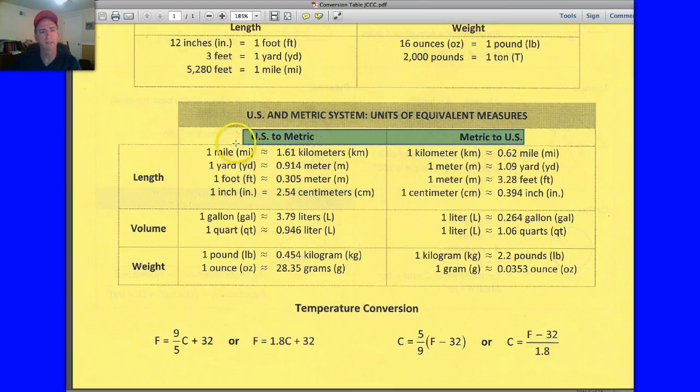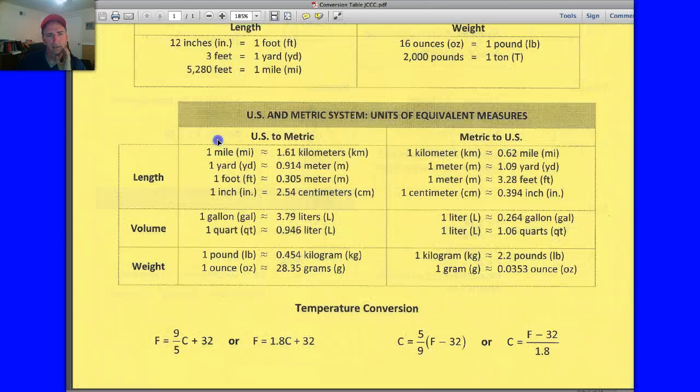Now, the interesting thing about this chart is, here's what they're trying to tell you. This group that I'm circling with my mouse is what you should use if you're going from US to metric. Notice you have a conversion from miles to kilometers, and here you have kilometers to miles, but it's slightly different.